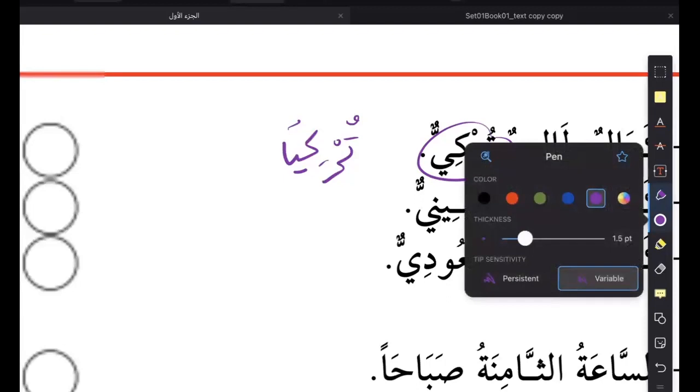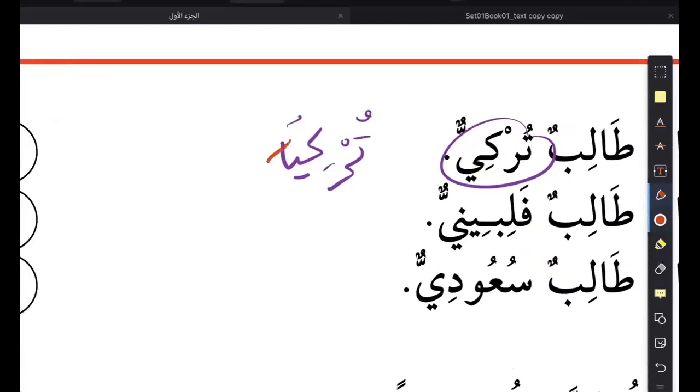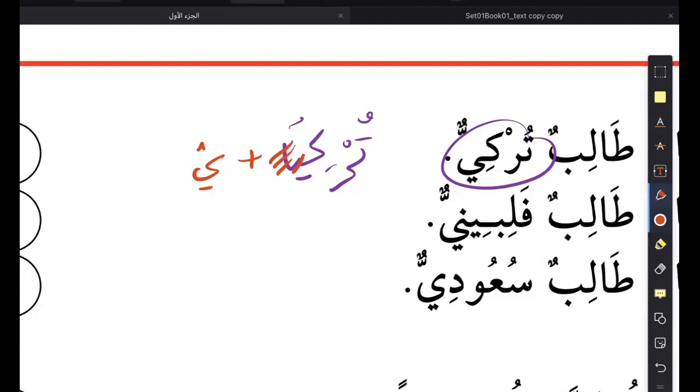Then we add what? If it has alif, ya, or ta marbuta, we need to remove them. And then we insert ya al-mushaddada, which is the ya of nisba. So we say Turki.